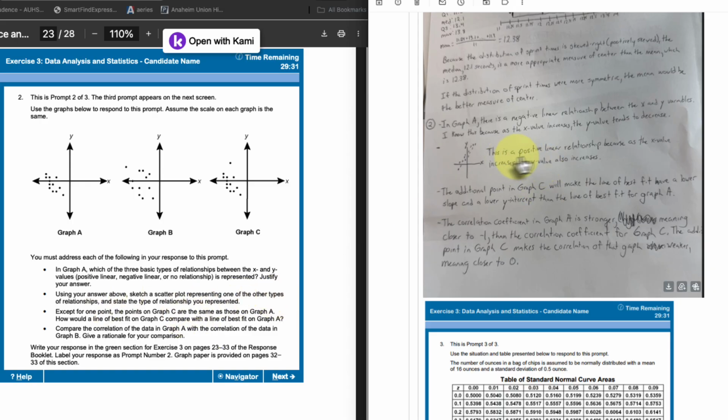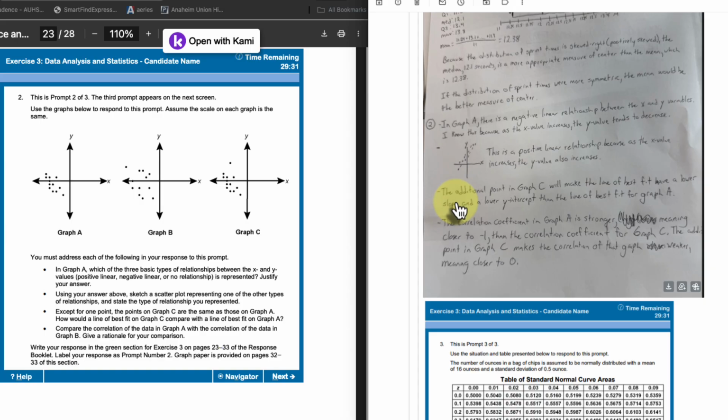So you gave us a positive linear relationship because as the X value increases, the Y value also increases. Okay. They haven't introduced the word yet. You can also mention the line of best fit shows a positive slope, positive y-intercept.